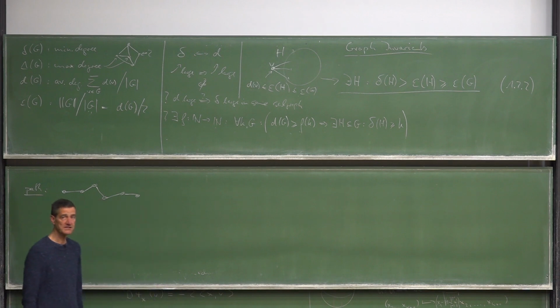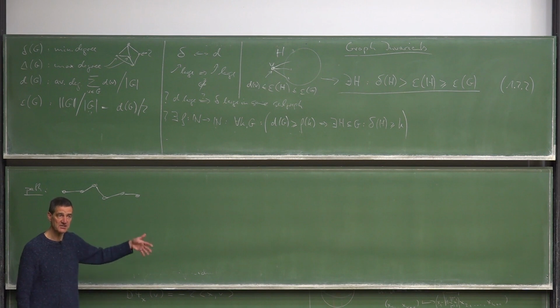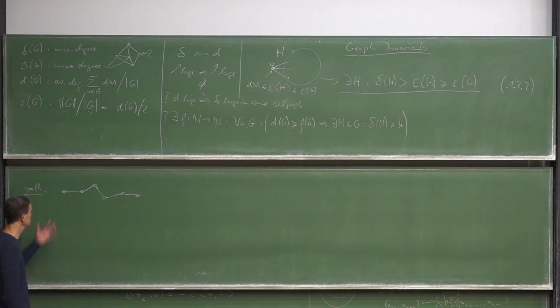So last time I defined a walk, and a walk is a sequence of vertices and edges such that something. A path is not a sequence such that something. A path is a certain graph, right? We're in a different setup here. Paths are graphs.